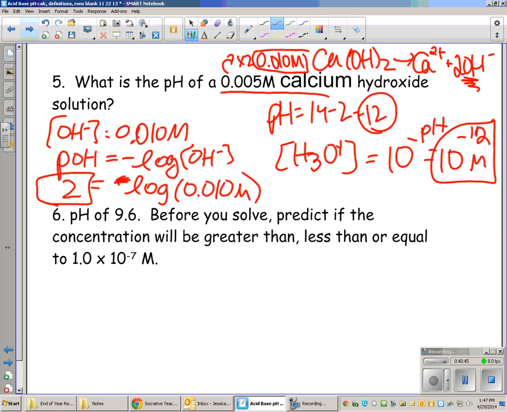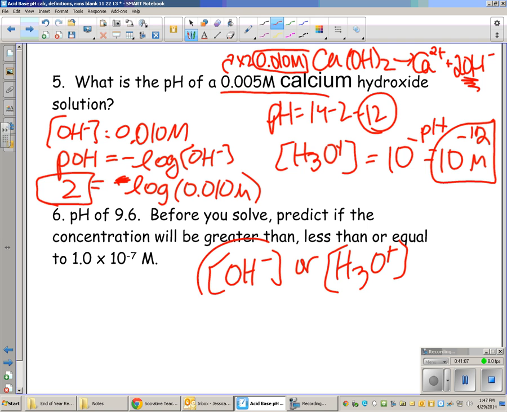Number 6. If we have a pH of 9.6, acidic, basic, or neutral? Basic, right? Would the OH concentration or hydronium concentration be larger? It's basic, so OH would be larger, right?